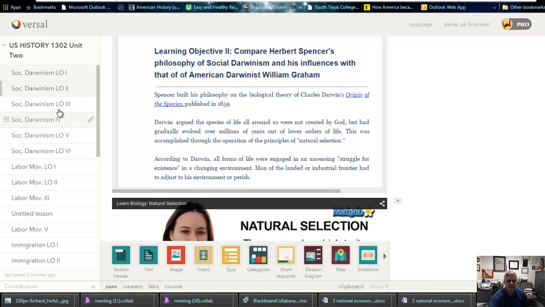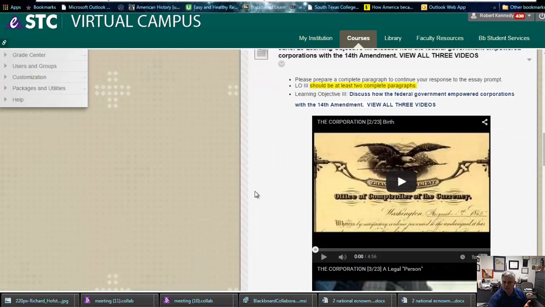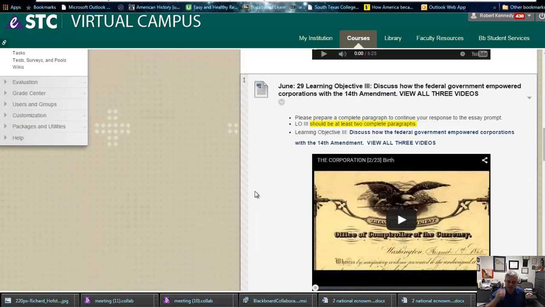So yeah, 4 learning objectives. Let's go back here. Learning Objective 2 is part of the lecture. Learning Objective 3 is a way of seeing the consequences of social Darwinism. I go into this further in the Progressive Era, but corporations are considered legal persons.